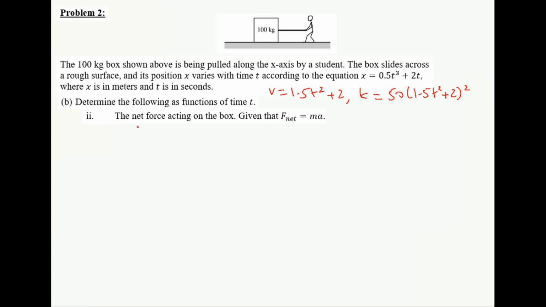Now in idea number 2, the net force acting on the box given that F net is ma, so F net would be the mass, which is 100, multiplied by the acceleration. Now the acceleration is related to the velocity via derivative, and that would be dv by dt.